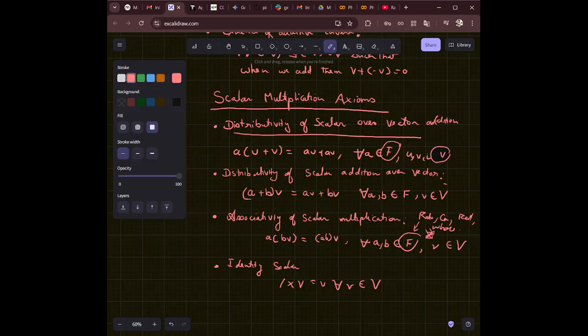Okay, next we will try to understand if a set is a vector space or not. Let me rephrase the question more clearly. Let us assume a situation.